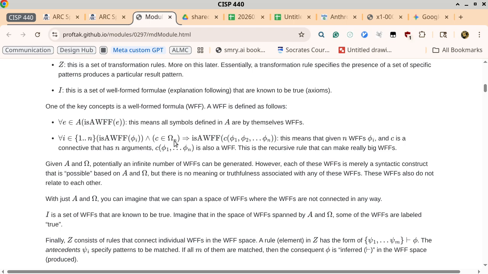But something being well formed does not mean it has to be meaningful. Because you can say false is well formed because it is in alpha, so false and false is also well formed. Yes, it is syntactically correct. The compiler will not complain that you have a syntax error.